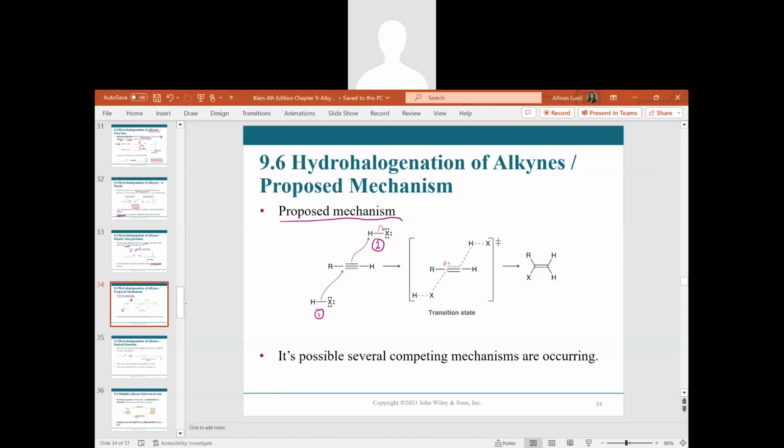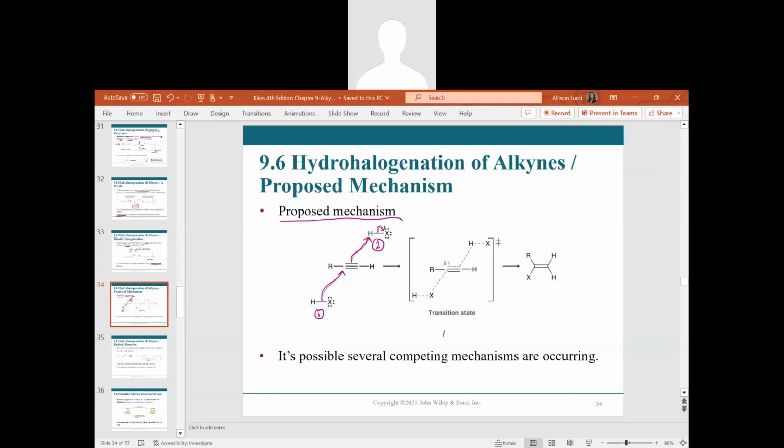And we see that this arrow here is showing addition of our X onto this side of the triple bond. At the same time, the triple bond is acting as a nucleophile, and it's grabbing that proton there. So we have loss of a leaving group with this second arrow and this second molecule.